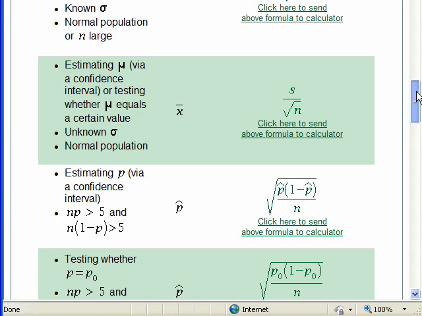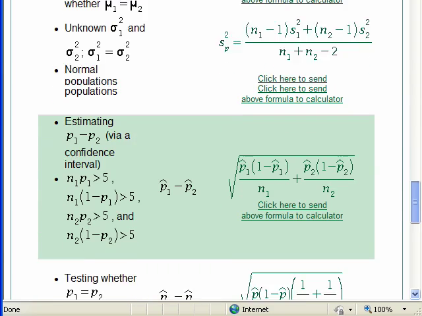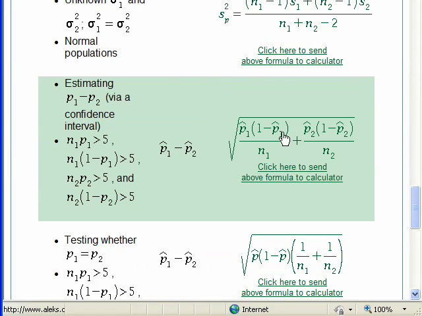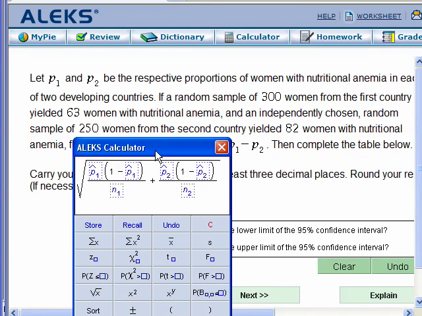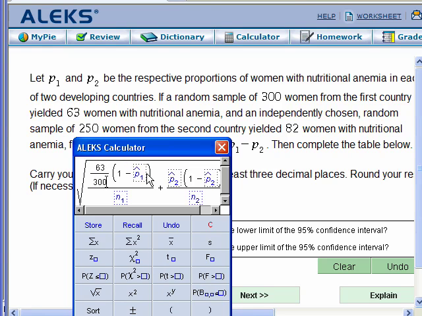So we'll scroll down to P1 minus P2 and click on the formula, which sends it to the Alex calculator, and then we can substitute in. So 63 out of 100, excuse me, out of 300. And then 82 out of 250.